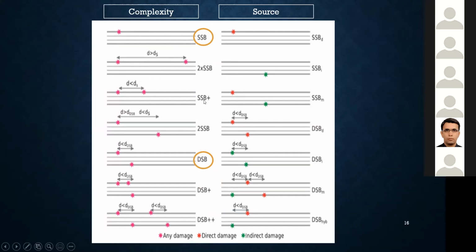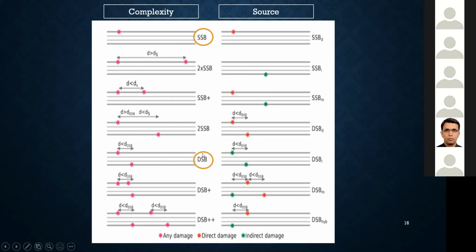And single strand break plus is this one over here: two single strand breaks on opposite sides, but the distance is higher than the double strand break distance, so we cannot consider it a double strand break, while this one over here is a double strand break.